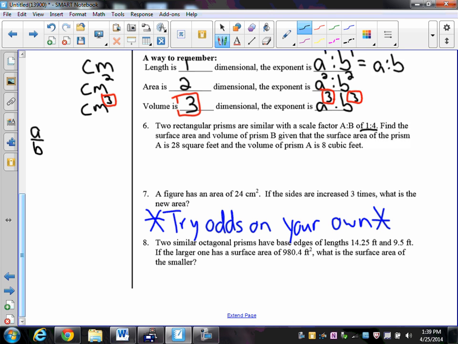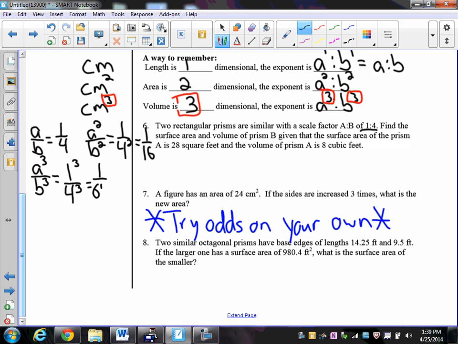So that means a over b is going to be equal to 1 over 4. And a squared over b squared is going to be equal to 1 over 4 squared, or 1 over 16. And I also know that a cubed over b cubed is going to be equal to 1 cubed over 4 cubed, which is 1 over 64.